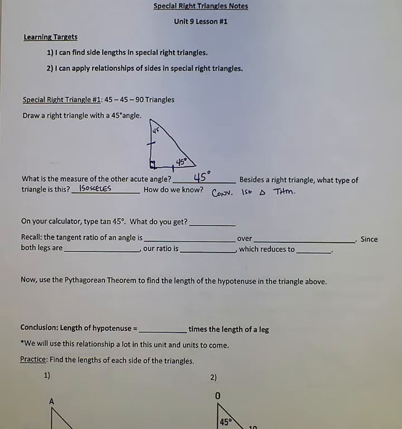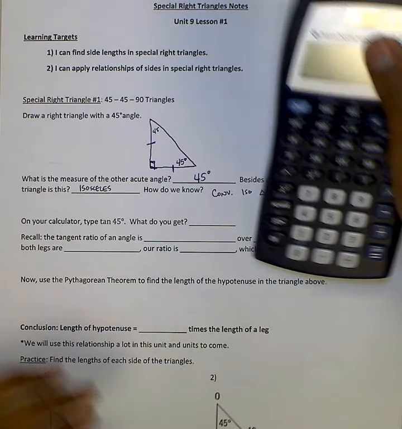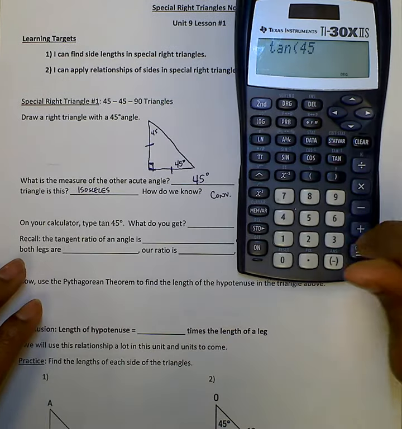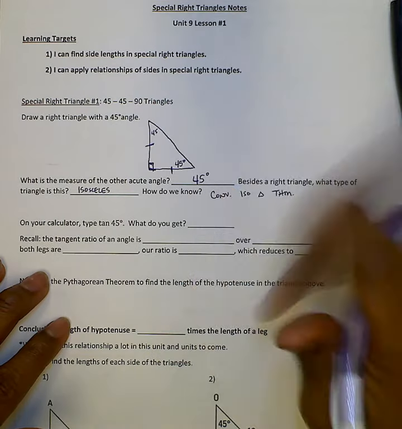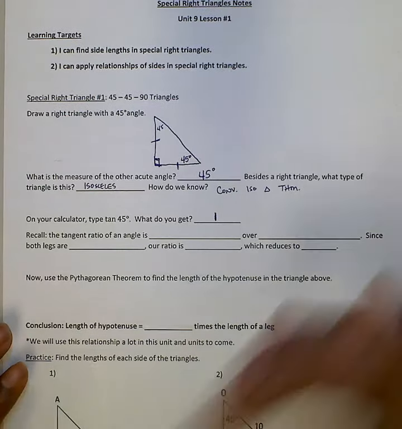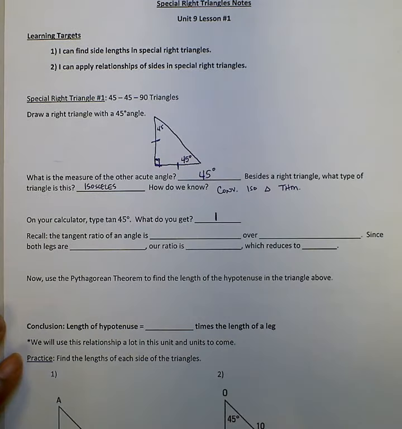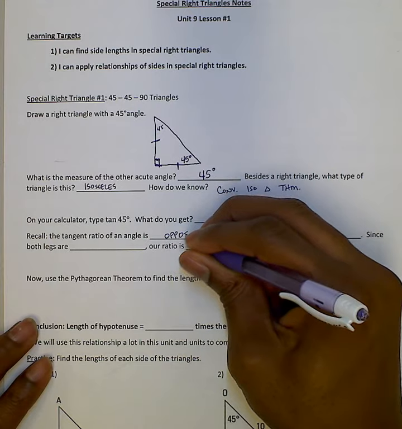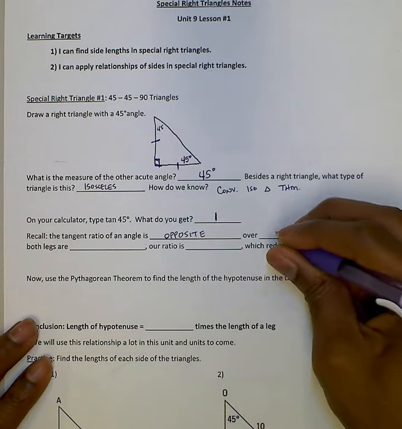On your calculator, if you type in tangent 45, what do you get? Our calculator is in degrees. I'm going to type in tangent 45. We get 1. Now remember that the tangent ratio of an angle is opposite over adjacent. TOA, opposite over adjacent.